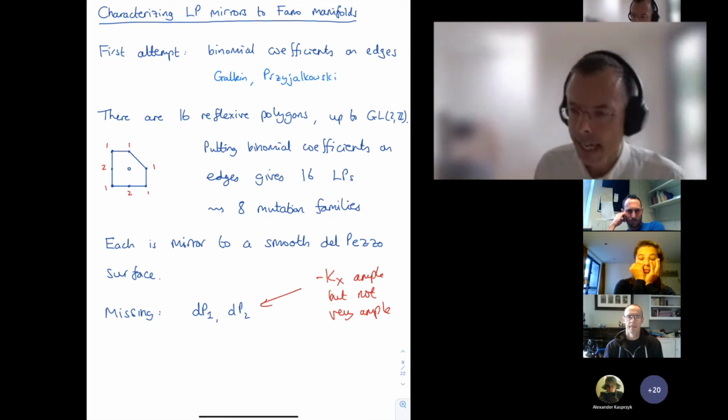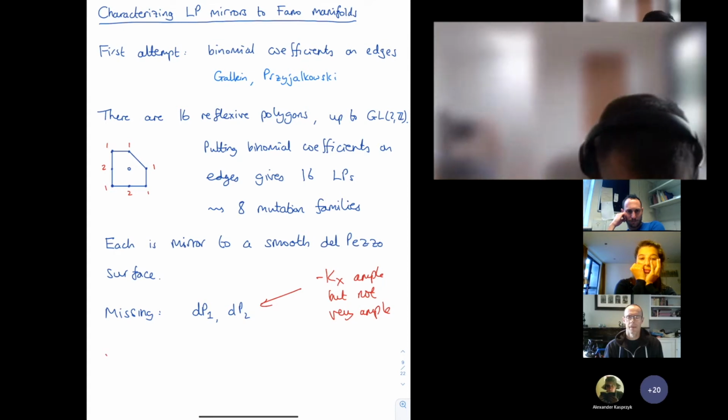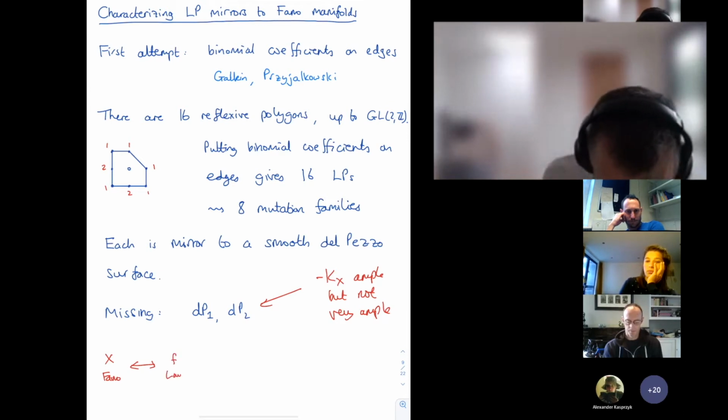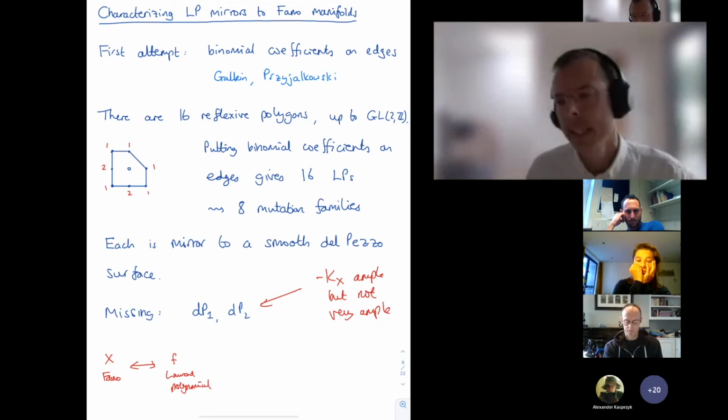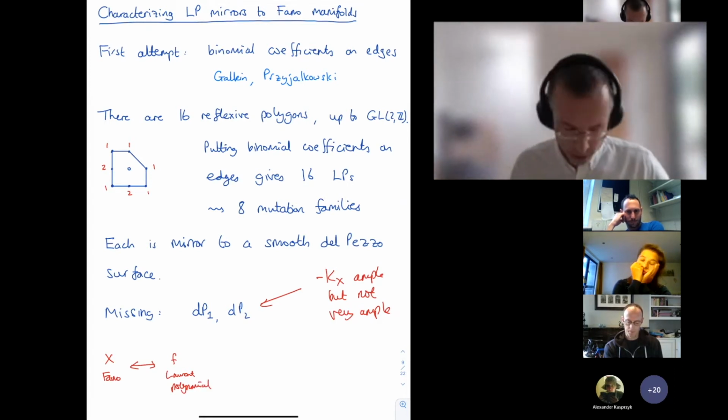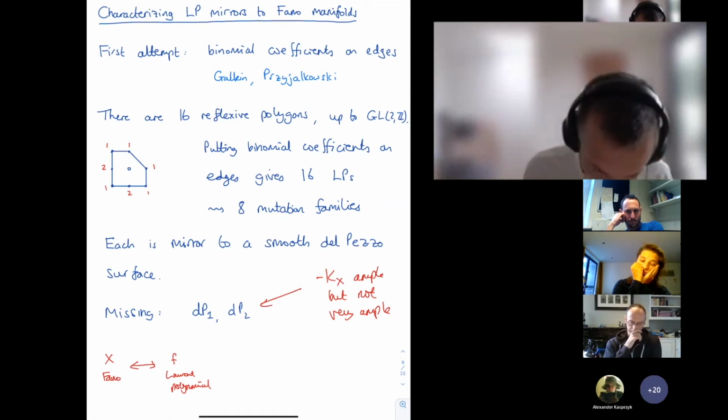Something that I'm hiding here is that if X is Fano and it's mirror to a Laurent polynomial F, then there's expected to be a geometric relationship between X and F, which let me just explain.